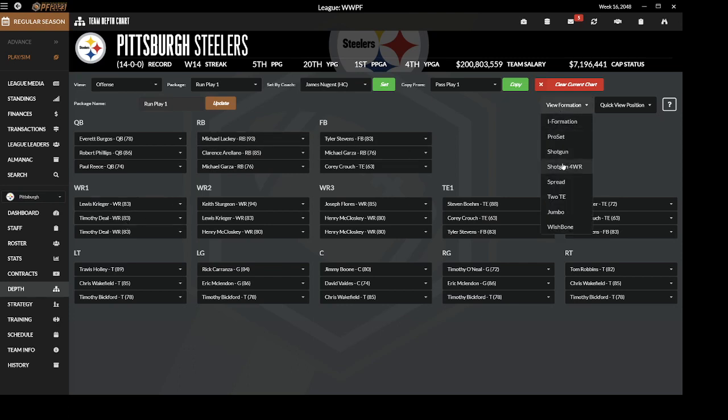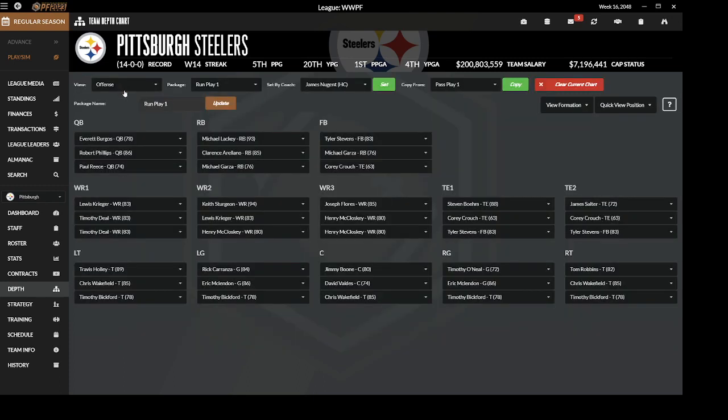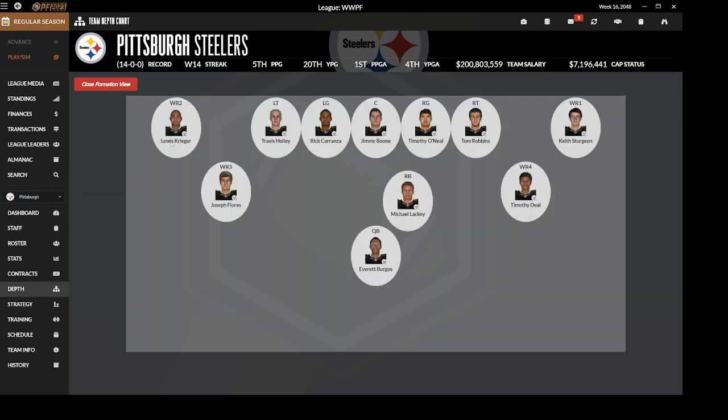And the easiest way to know this is to look at formation view, and it will tell you exactly this. Now, I really hate that they do this, right, with wide receiver 2, wide receiver 1, wide receiver 4, wide receiver 3, because the reality of it is Krugel is wide receiver one, and he's not wide receiver two.